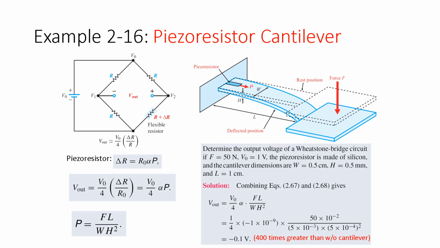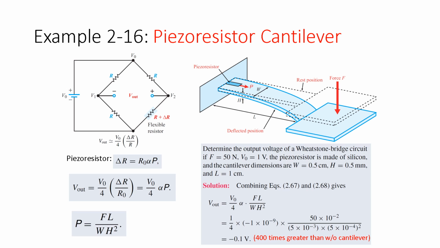So that V out is going to say that the change in the voltage between V1 and V2, or between these two halves of the circuit, is going to be a product of the pressure and the coefficient, which comes from the material we're using. So now that we have the background for that, let's go into actually how to solve this.